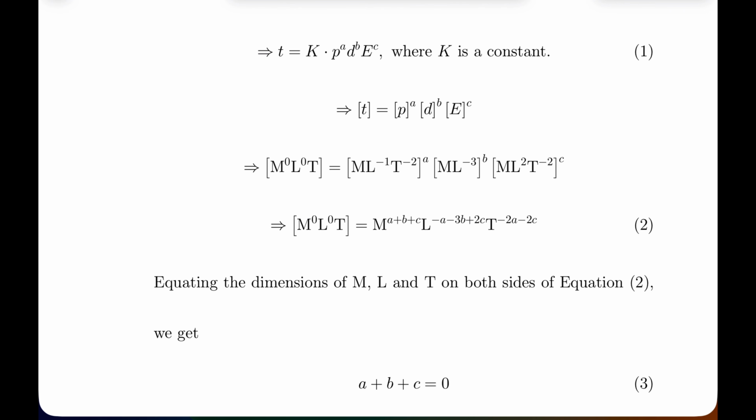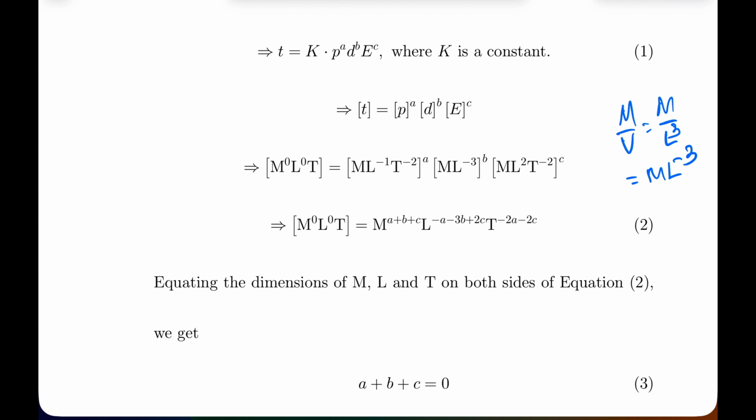This is density. Density is mass by volume, so this is M upon V, and volume is L cubed. So this is M L to the power minus 3, raised to the power b here.